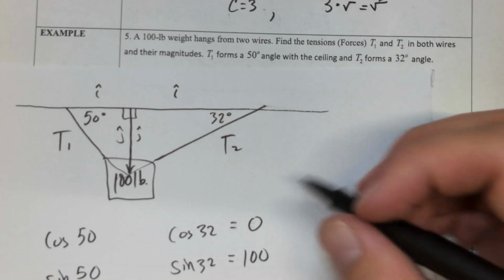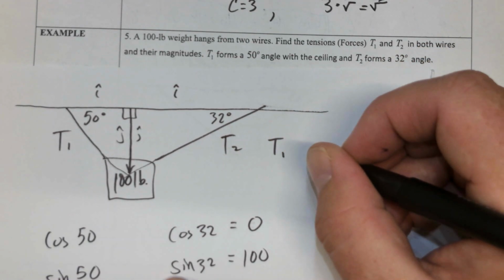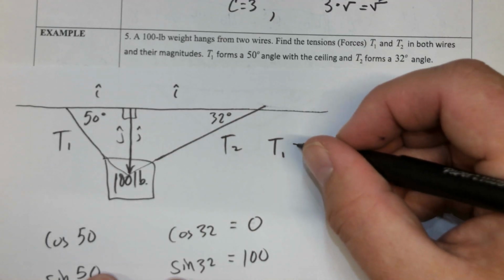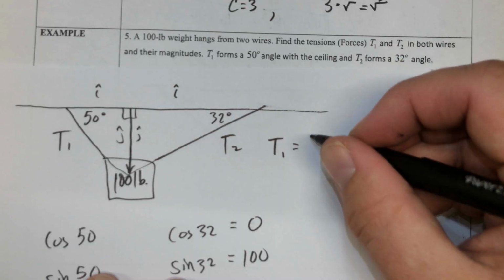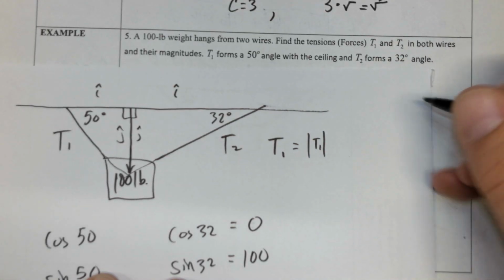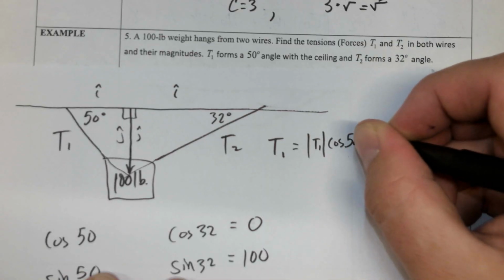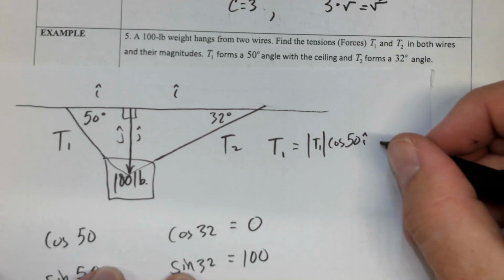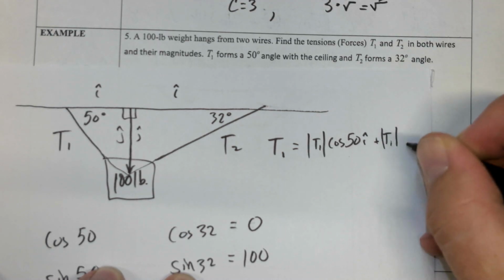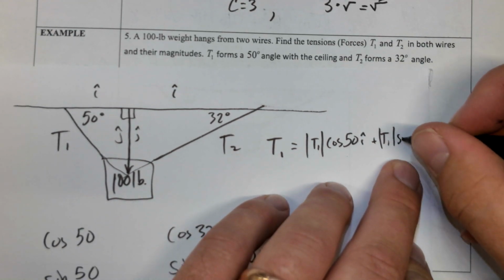Again, if I was to write this a slightly different way, T1, the total tension force on this, is the I component plus the J component.